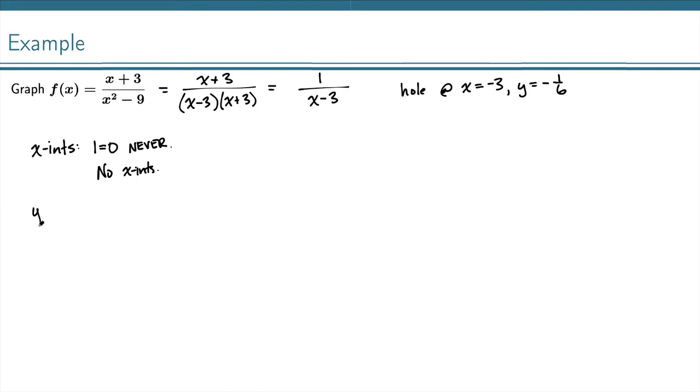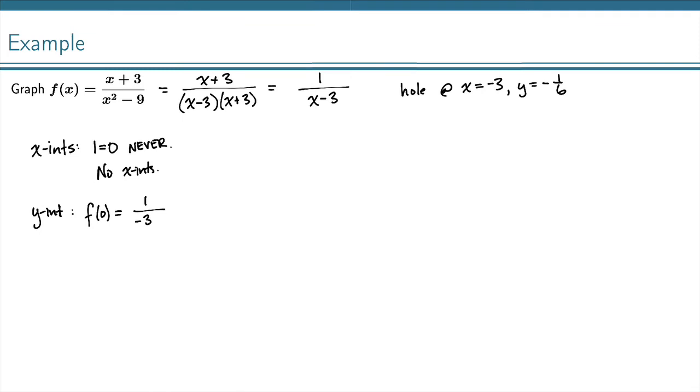For y-intercepts, there can only be one. You plug 0 into the function, and you can plug it into the original or into the reduced as long as it's in the domain. Plugging f of 0 into the reduced form, I get 1 over negative 3. So my y-intercept is at negative 1/3.